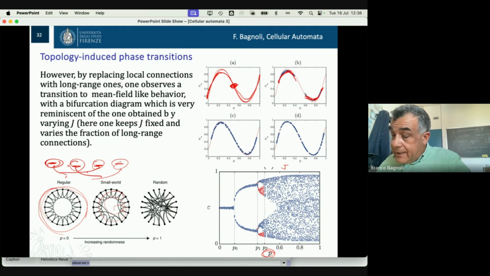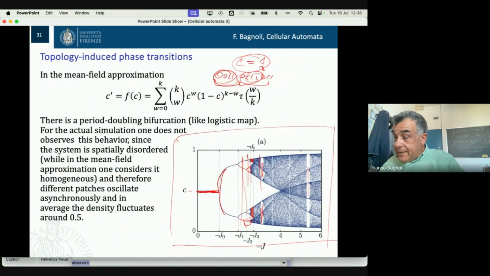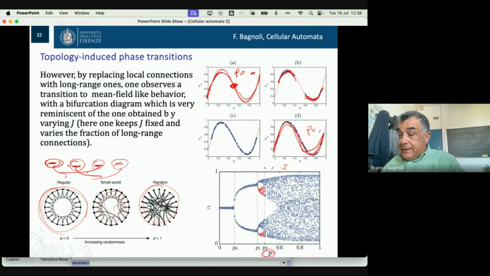And so finally, when you have very large rewiring, so this is P equal to 1, this is P equal to 0, you have actually exactly the mean field equation. So you observe this kind of behavior, for example, or this kind, depending on the value of J, and this is exactly here.